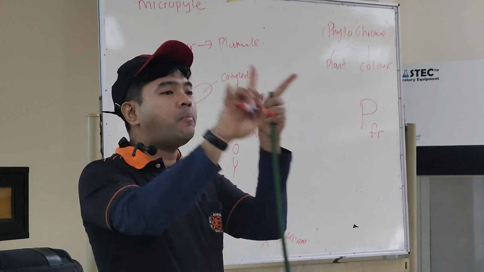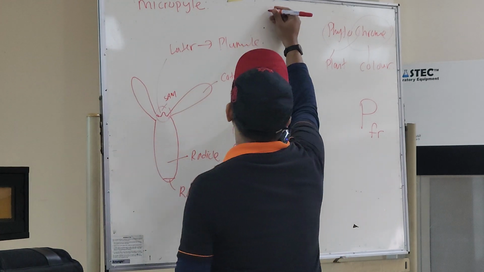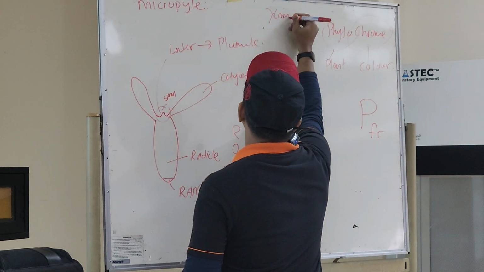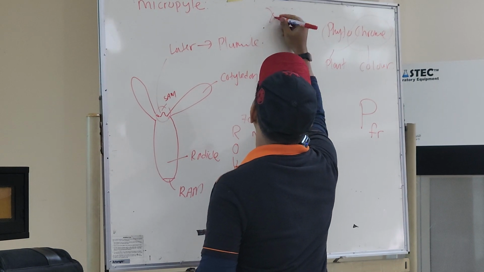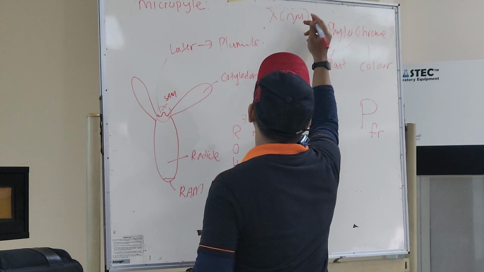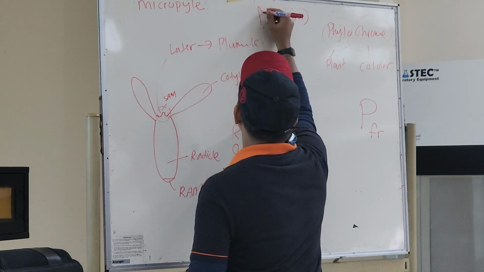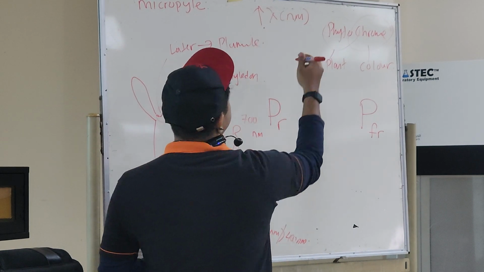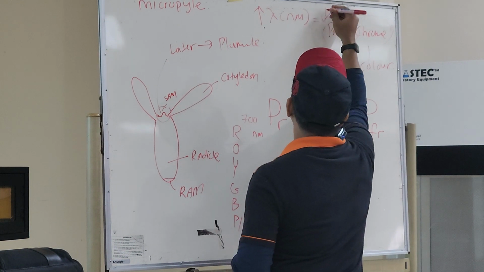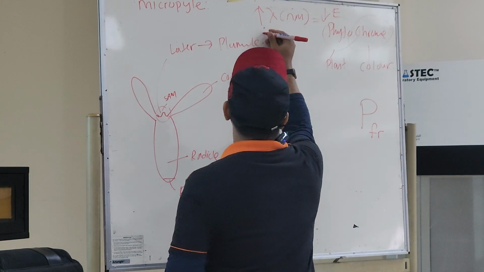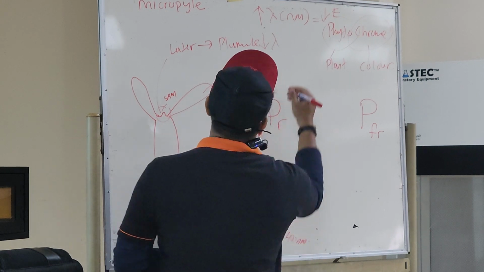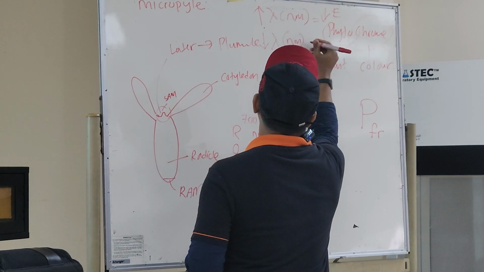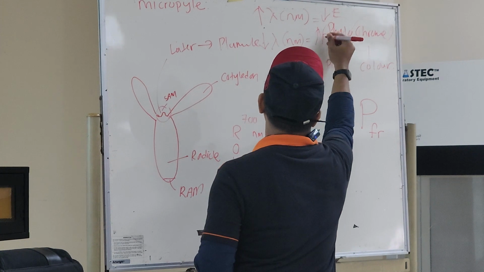So it's opposite. When you have high lambda, you have low energy. When you have low lambda, like here, you have high energy.